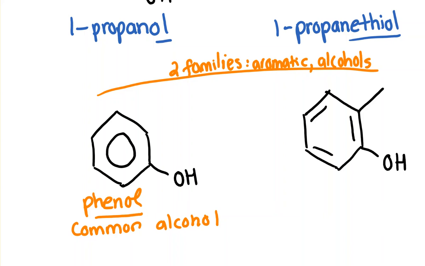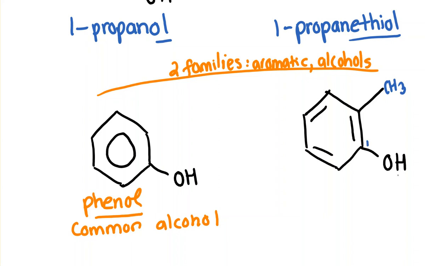So because it's common, we name other compounds based on it. So this aromatic alcohol over here, we could imagine that it's based on phenol, that this part is the phenol, and then of course this represents a methyl group up here. So what I'm going to do is say where that methyl group is, so you can guess where my number 1 carbon is.